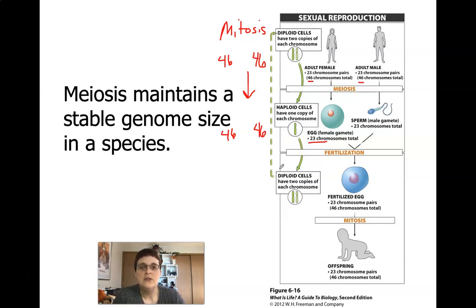Then we do fertilization. So these come together to make our fertilized egg, right? So if we're doing mitosis and we used it to make our gametes, 46 and 46 means we'd end up with an egg that's fertilized with a total of 92 chromosomes.